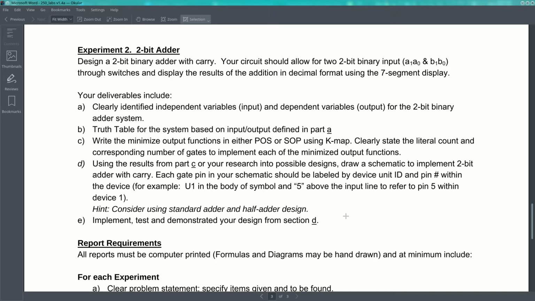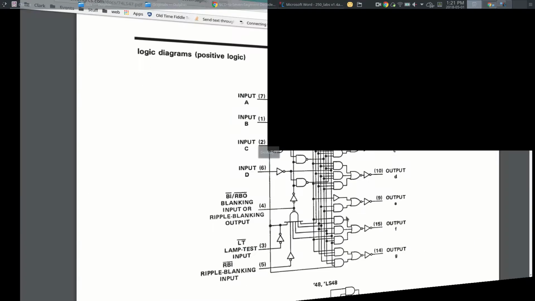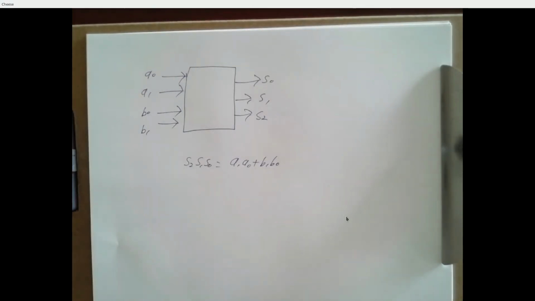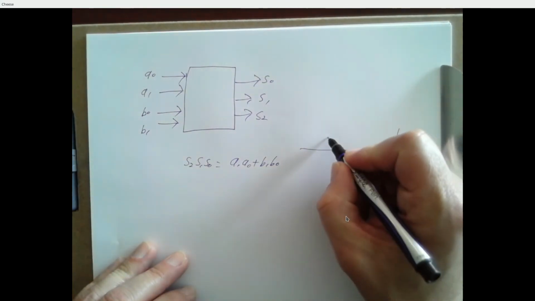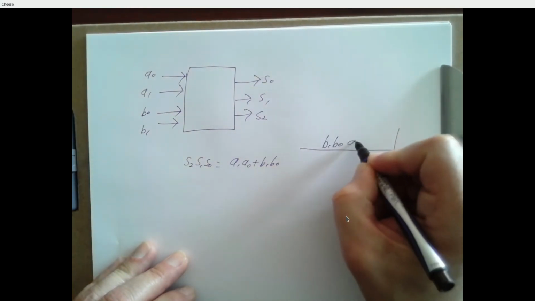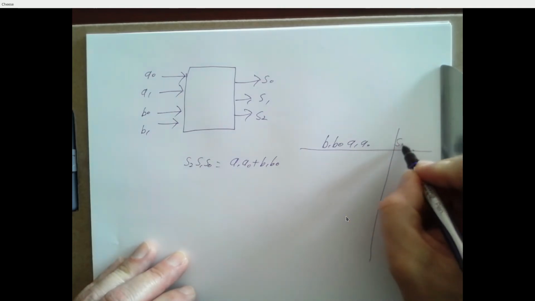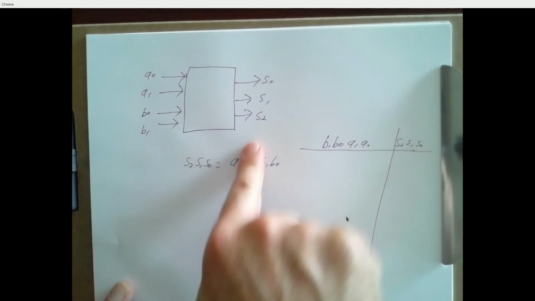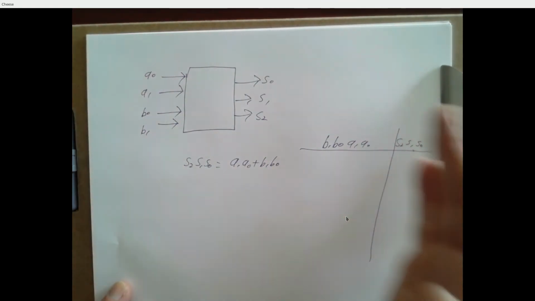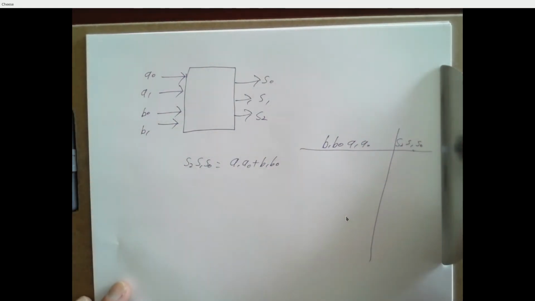Part B, truth table based on what you drew in part A. So what's the truth table going to look like? B1, B0, A1, A0, S2, S1, S0. 4 inputs, 3 outputs. 16 rows, 3 output columns.